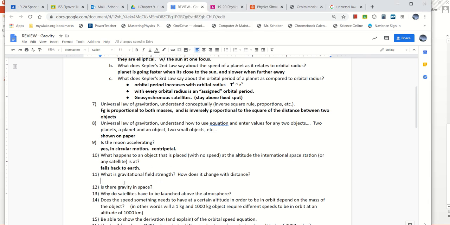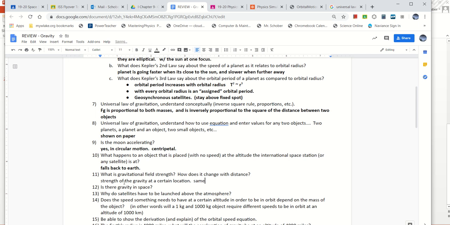Number 11, what is gravitational field strength and how does it change with distance? Gravitational field strength is just an indicator of the strength of gravity at a certain location. Whereas all of us sitting on the surface of the Earth might have different weights, which means gravity is pulling on us differently, that's a function of our own weight. But we are all experiencing the same strength of gravity.